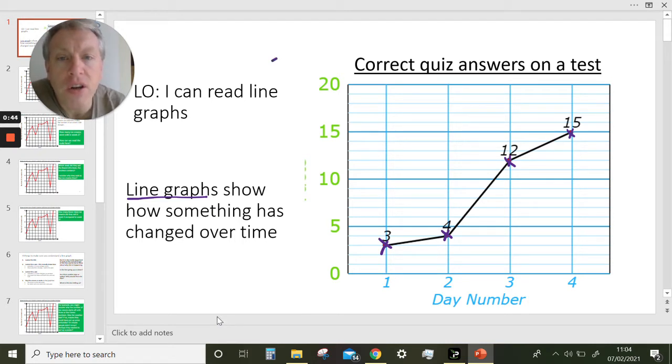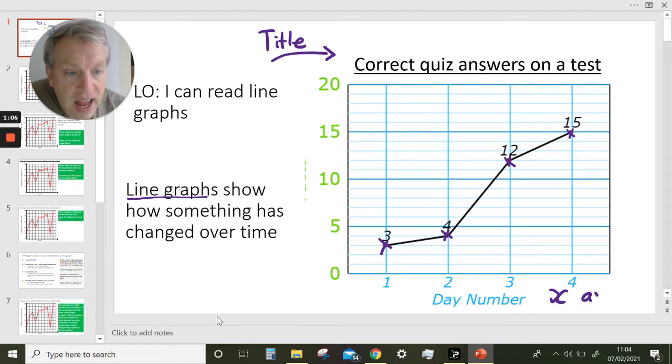So let's look at the title of this line graph. It says correct quiz answers on a test. Okay, so there's a test. Let's look along the bottom, along the x-axis here, and this will normally show the time.